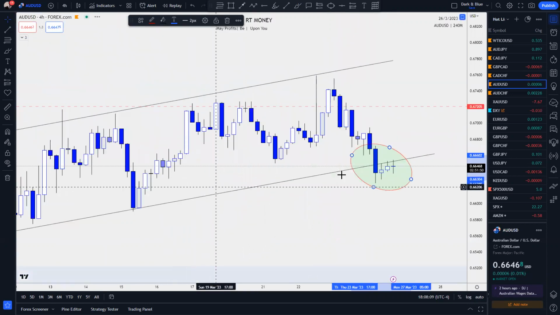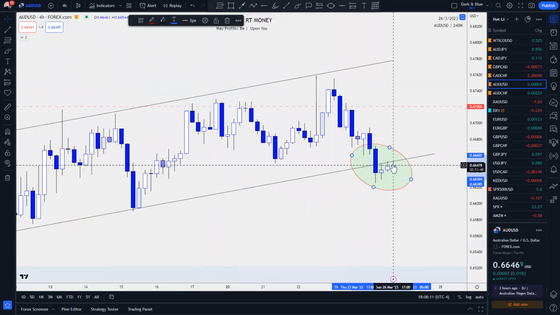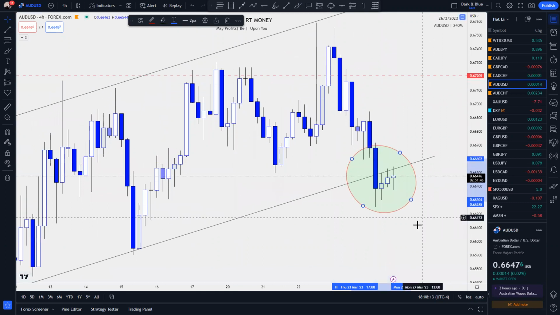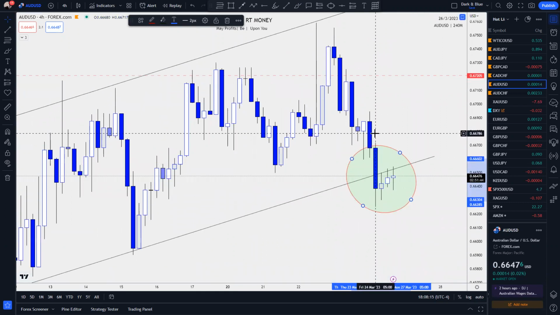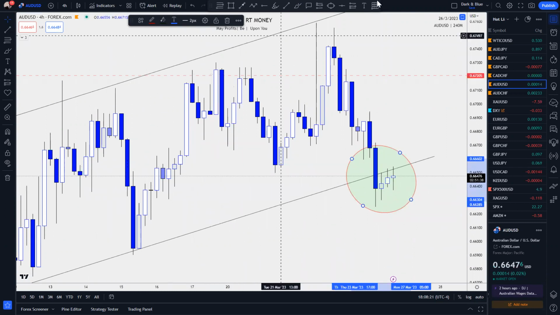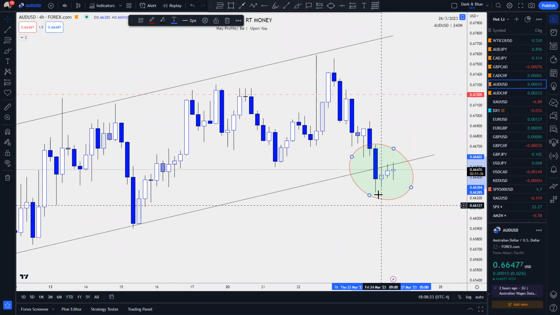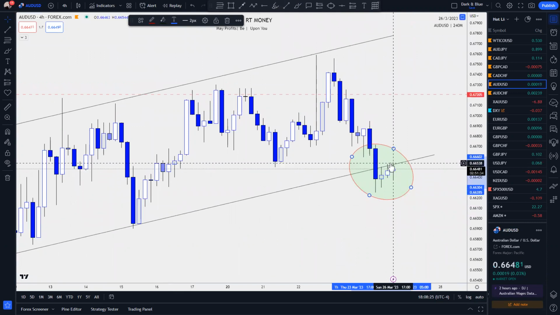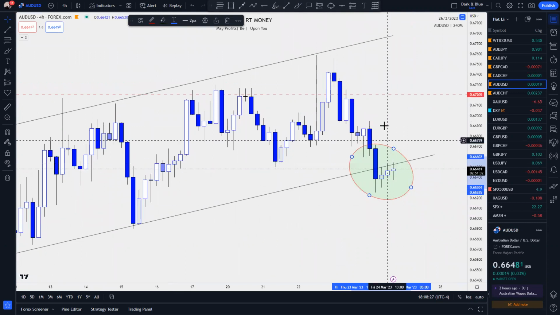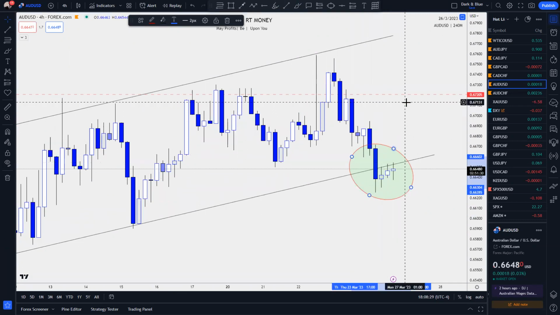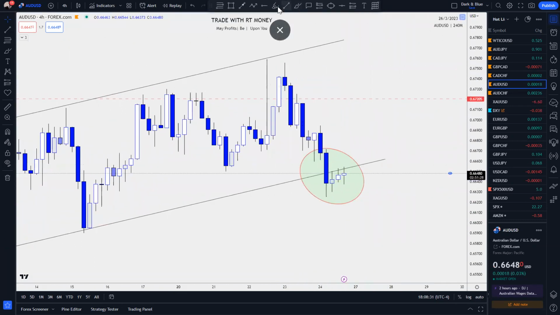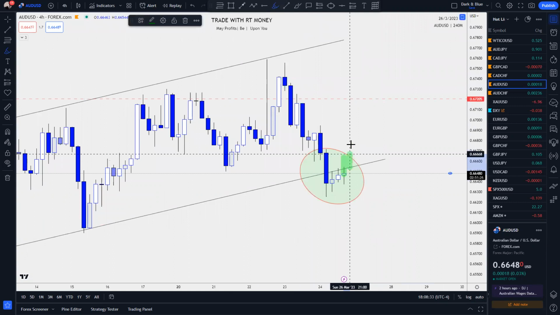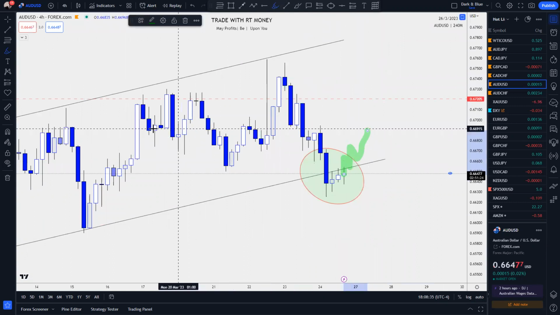If we go to the 4-hour, you can see how price popped up in here like that. But the 4-hour did close below the support line of this ascending channel. Will it hold here is the question. I'm looking for price to maybe pull back, maybe flag up a little higher, maybe up around this area right here.